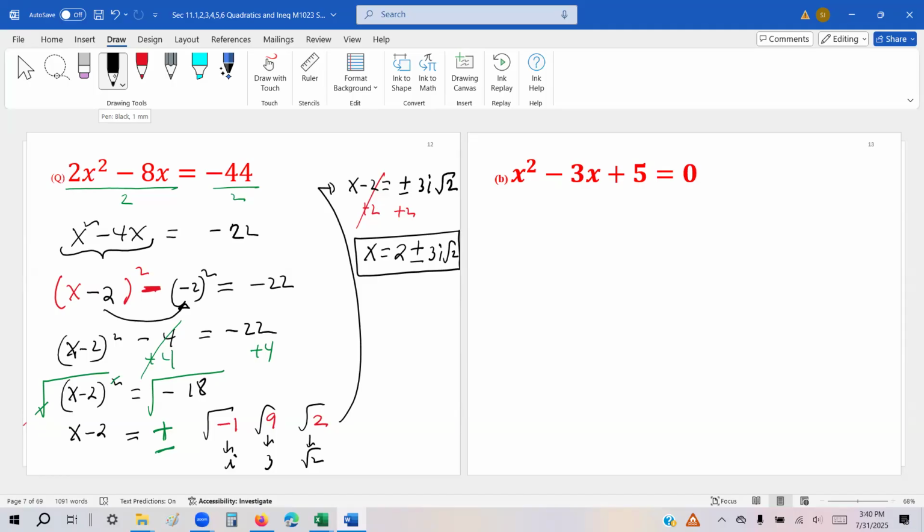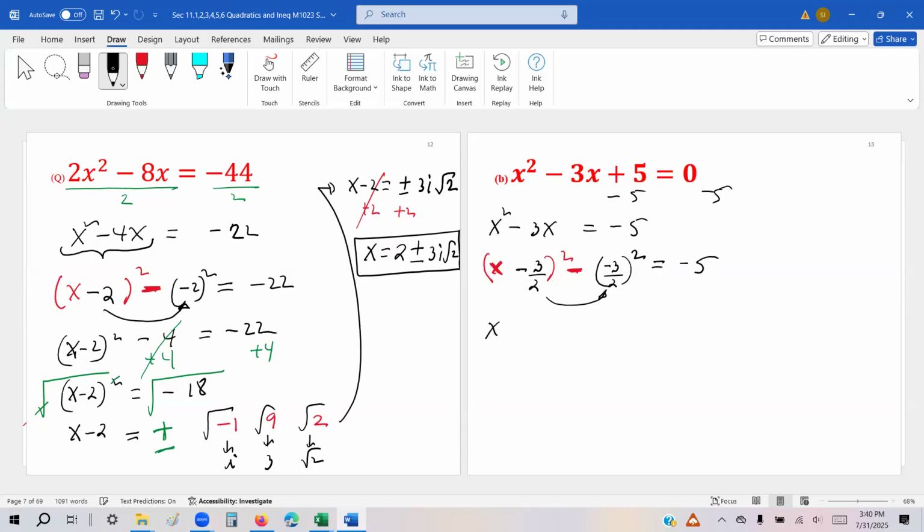Okay, the next one. We don't need the 5, so we kick it out. And we get x squared minus 3x equals -5. From here, the format is x goes inside, square goes outside, and you subtract something. What goes inside? -3/2. And what goes outside? -3/2 squared.